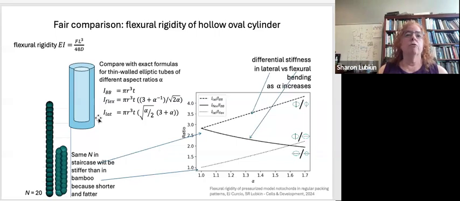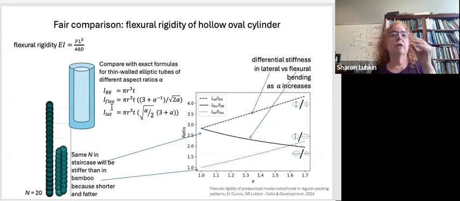And of course, there are engineering formulas for the moment of inertia of tubes of various cross sections. We looked at a thin-walled elliptic tube, and there are exact formulas, and that's going to depend on, of course, the thickness of the tube, but also the aspect ratio. So a round tube has a reference moment of inertia, and as we go off of round into the eccentric oval tubes, we're going to have different moments of inertia in lateral bending and in dorsoventral bending.